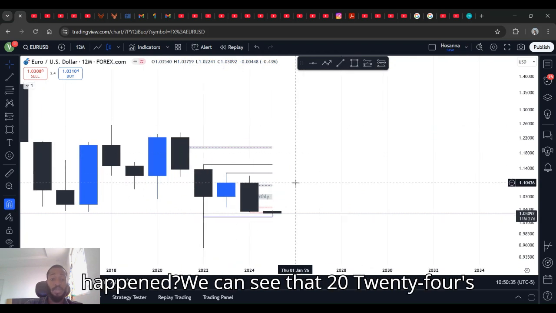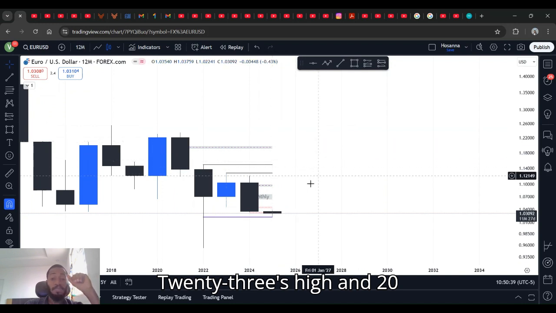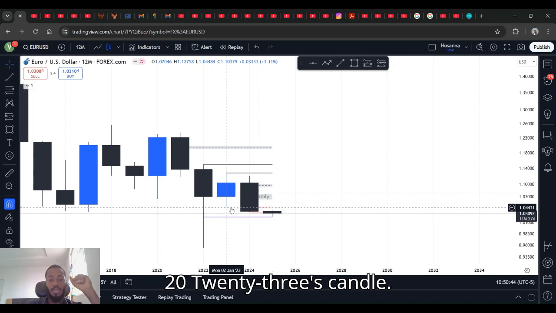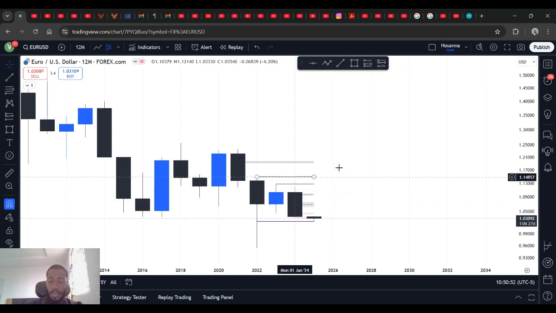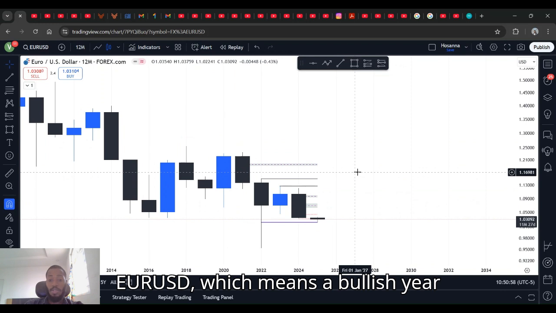We can see that 2024's candle did not take out 2023's high, and 2024's candle closed below 2023's candle. This generally gives me a bearish bias on the yearly time frame. So I'm anticipating 2025 to be bearish on Euro USD, which means a bullish year for the dollar.